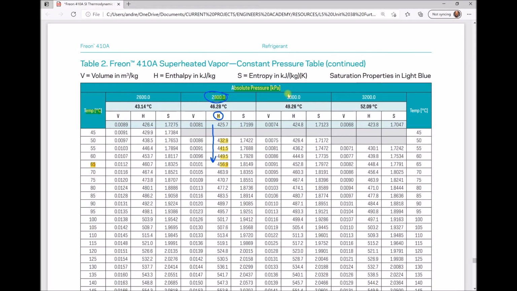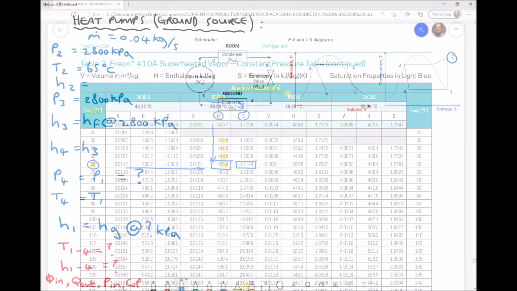We know our temperature is 65 degrees, therefore tracking across gives us the enthalpy of 456.9. Whilst we're here, we're also going to make a note of the entropy S, and you'll see why in a moment. So we have our pressure of 2,800, entropy S, and our entropy value is 1.8149. So let's go back to our example and we'll take those two values across with us.